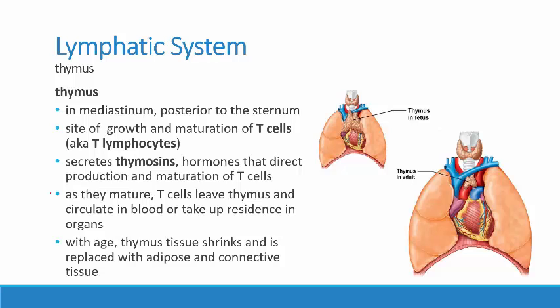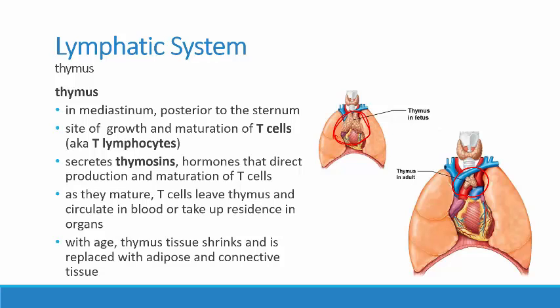Now notice, comparatively, in a baby or a child, the thymus is very large. As we age, the thymus does not grow at the same rate as the rest of the body, so it becomes relatively smaller, and it also will shrink over time.